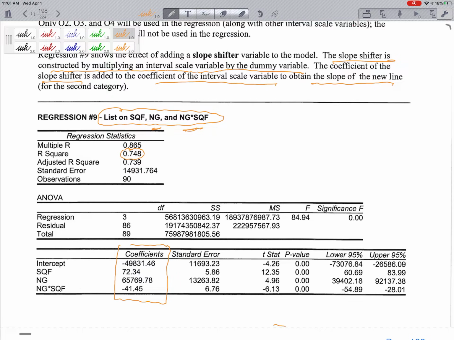R-squared value goes way up, 74.8%, from the original 61% when it was just SQF. Okay? And all of these coefficients, for SQF, for the dummy variable, and for the slope shifter, are all significant. All right, so high T-star values here. And of course, no surprise that the overall ANOVA shows that these three variables together significantly explain the listing price of the house. All right, let's draw that out and see how that looks.